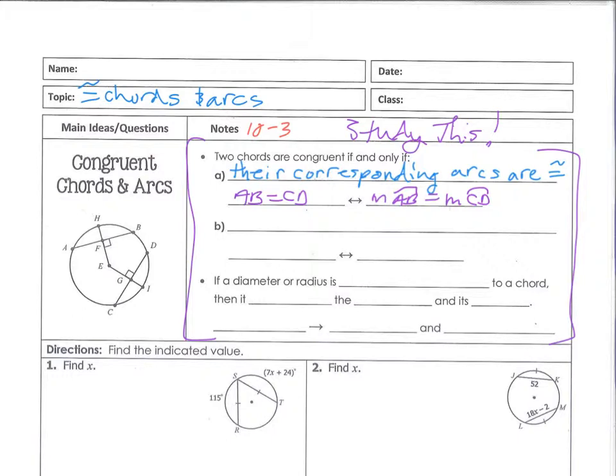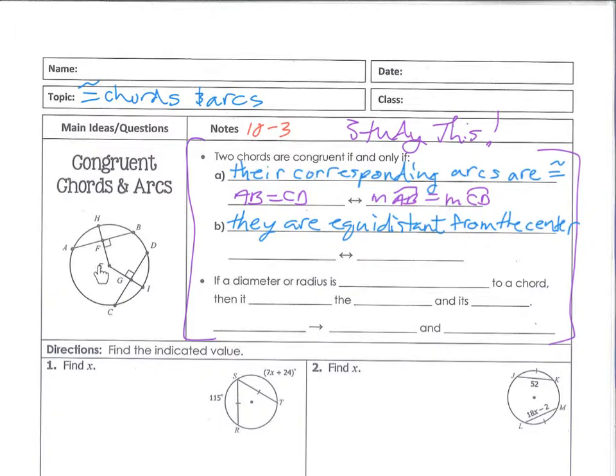All right, and then the second statement, 2 chords are congruent if and only if they are equidistant from the center. What does that mean? So a distance from the center, so here's the center of the circle, the distance from the center, distance is always perpendicular to a line, right?